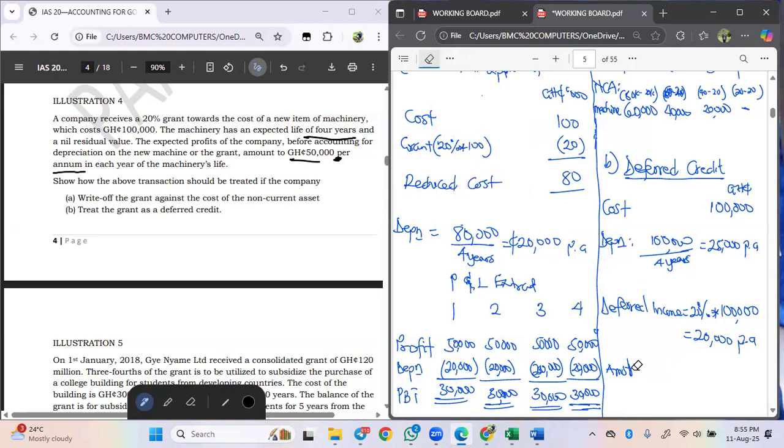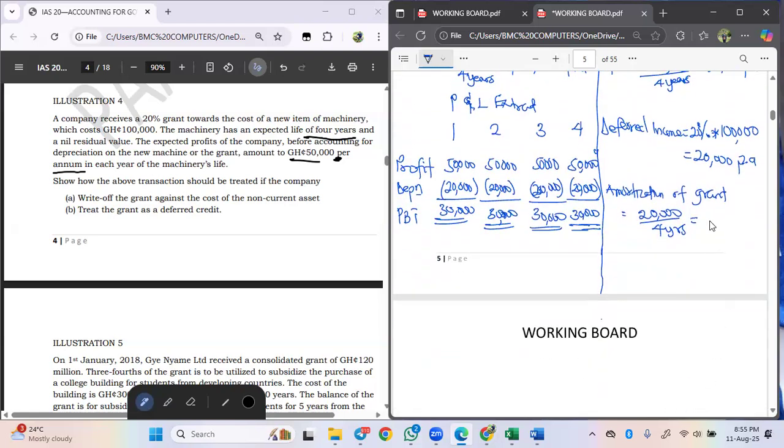That's where you transfer each year a portion to the P&L. The whole grant is 20,000, divided by 4 years. How much do you have per annum? 5,000 per annum.